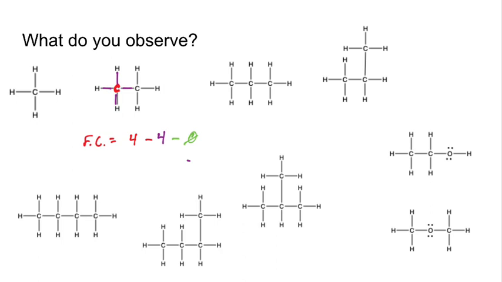What happens if we shift to the oxygen in the lower right? Oxygen has how many valence electrons? 6, minus how many bonds? 2 bonds, minus how many non-bonding electrons? 4. Anybody have a potential problem with how that's calculated?